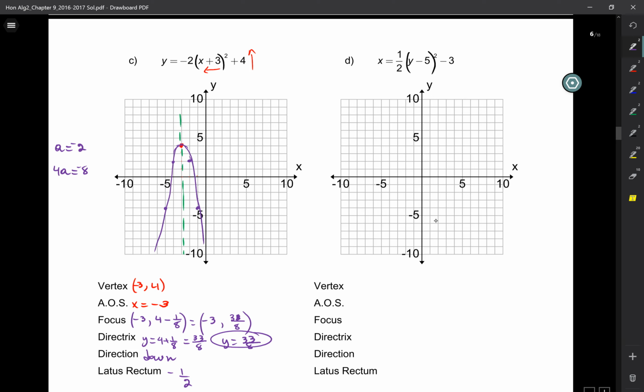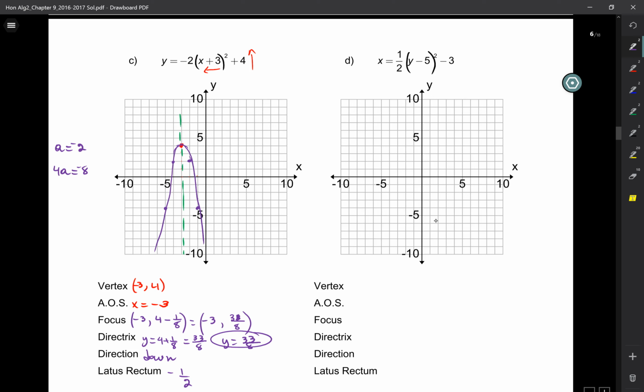Here, we're at, so where is the vertex here? Oh, sorry. It's the other way around. X moves negative 3, right? And Y moves negative 5 where? Yeah.